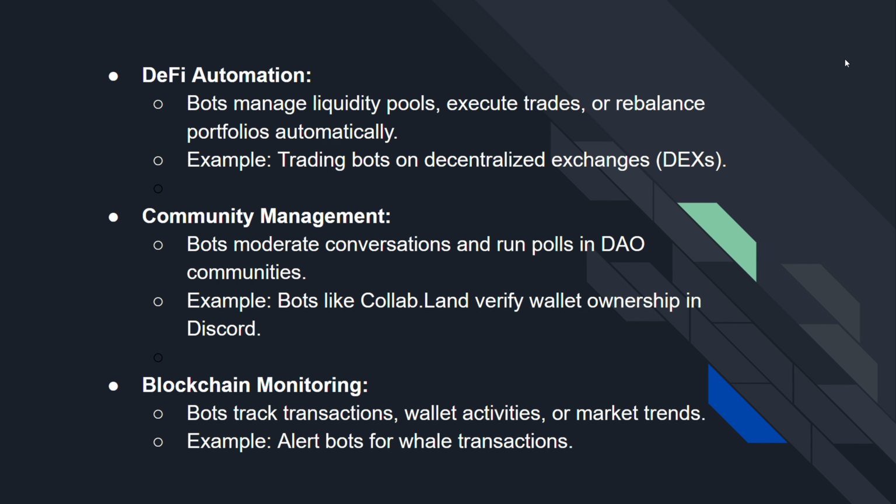We can also use them to manage liquidity pools, that's for DeFi automation, and also to moderate conversations around polls in DAO communities. So the use cases of bots are endless.